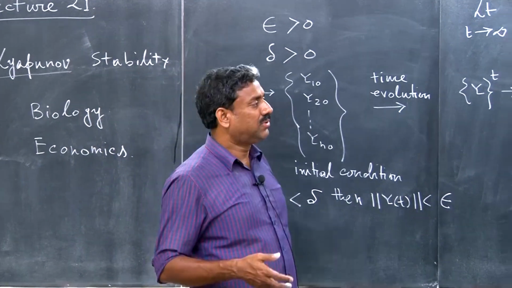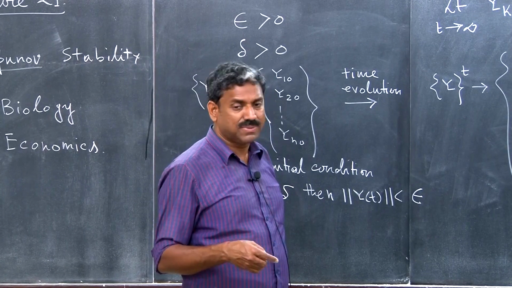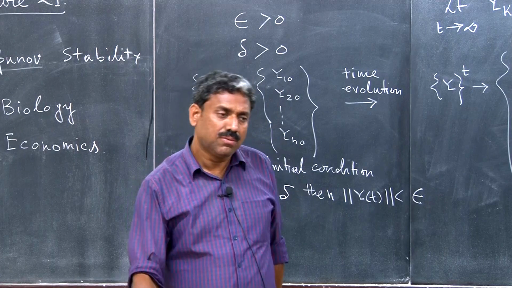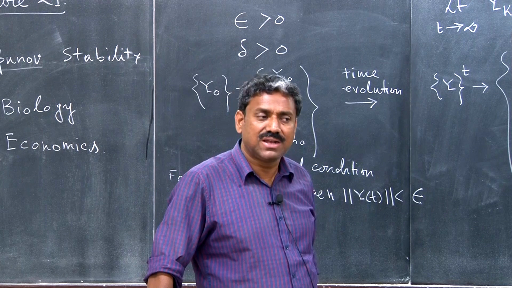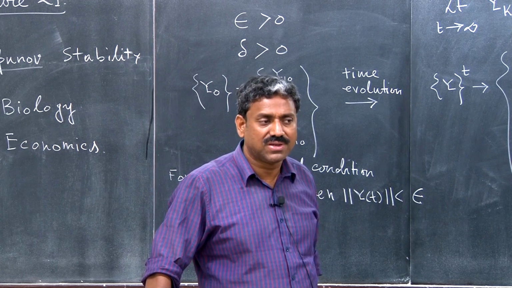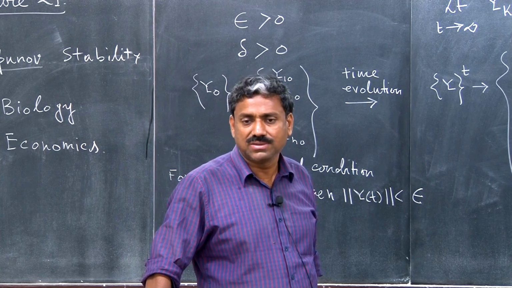So, Lyapunov functionals are also used. For some systems, especially the continuous systems, you can find out the kinetic energy, you can find out the potential energy, and you can form a functional which is a Lyapunov functional, and you can ensure its positive definiteness, and then you can assure stability.